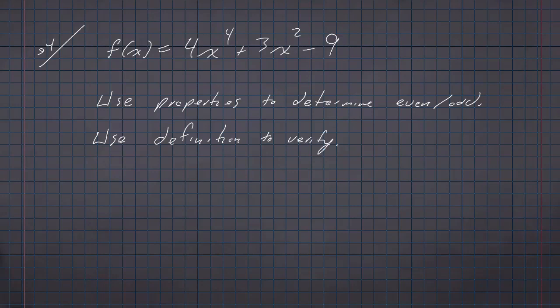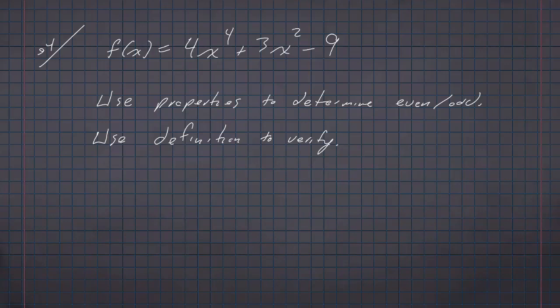I would like you to first use the properties of those two theorems to determine if this function is going to be even or odd. Using what we said about the function f of x equals x to the n, see if you can rewrite this function as simpler functions in terms of x to the n being added together or multiplied together.